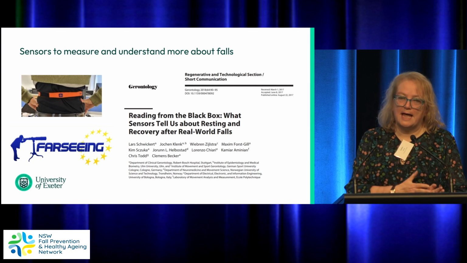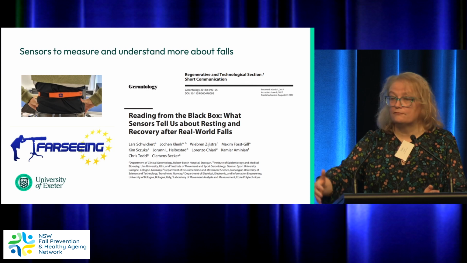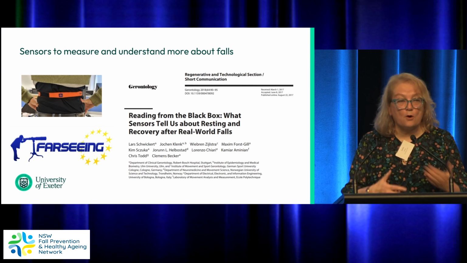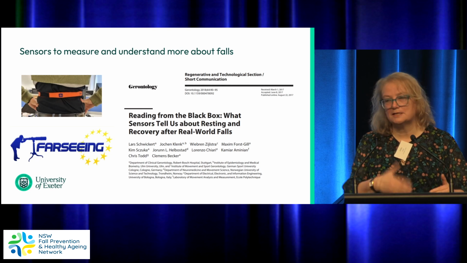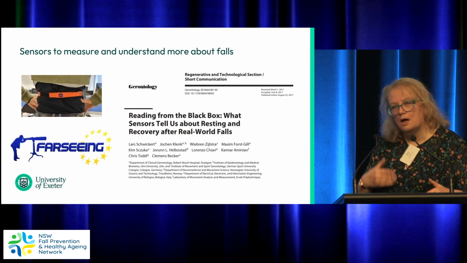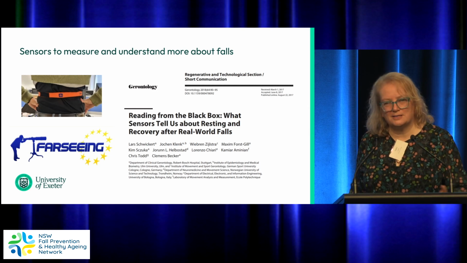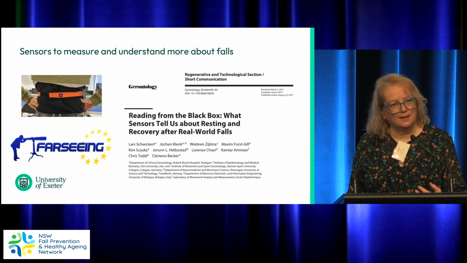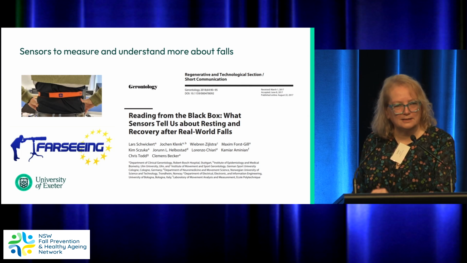Also, we just find out 1 year later, has that person fallen within the year? And from that information, we calculate, well, this is a risk factor, and this is how the multifactorial fall prevention risk profiles were developed. Now, that's quite a crude way of doing things. We don't know anything about when that person fell in the year.